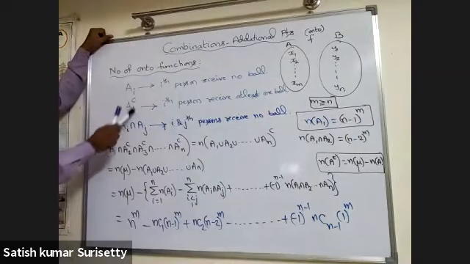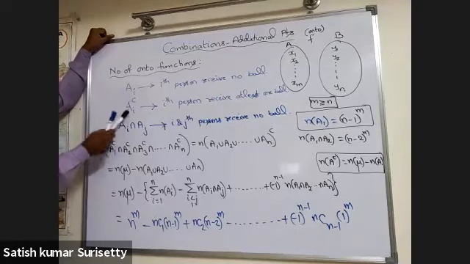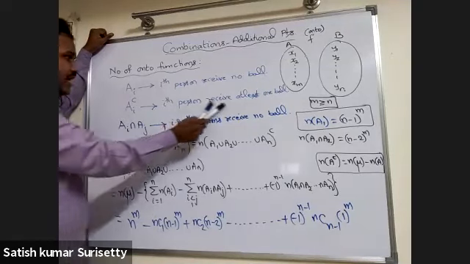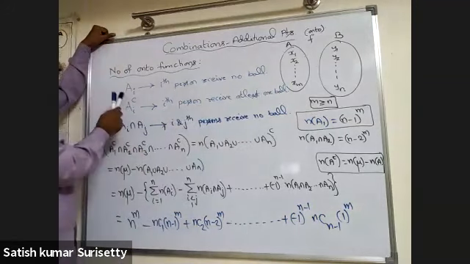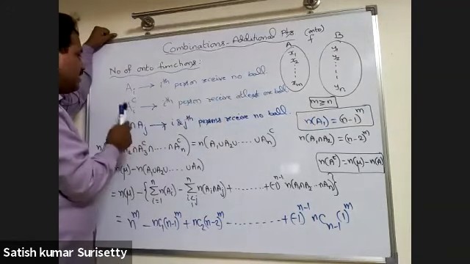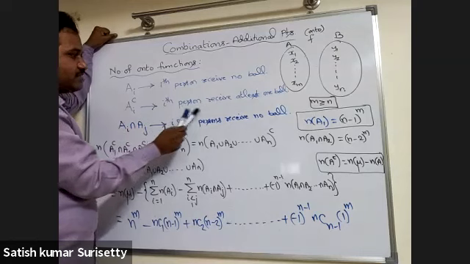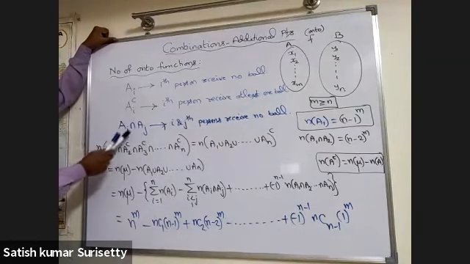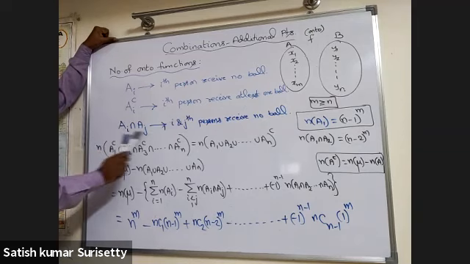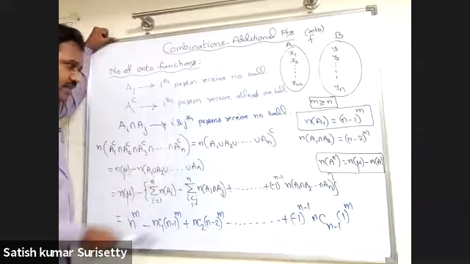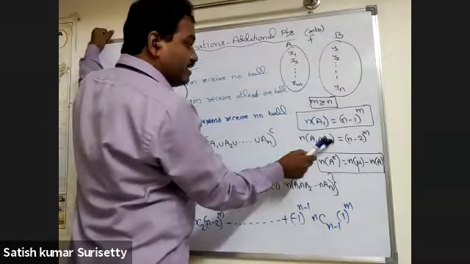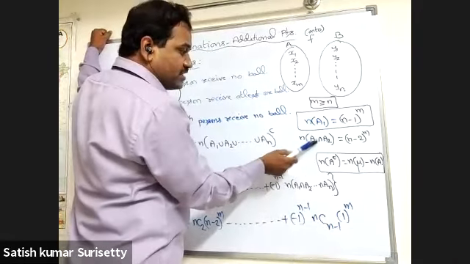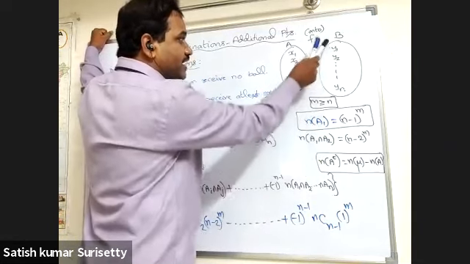Now Ai complement. That means the complement of this means the ith person receives at least one ball. So when Ai denotes receives no ball, Ai complement denotes the ith person receives at least one ball. Now if I take two sets at a time, Ai intersection Aj means the ith person and the jth person receive no ball. Now if I consider n of A1 intersection A2, it means the first person and second person are not receiving any ball.